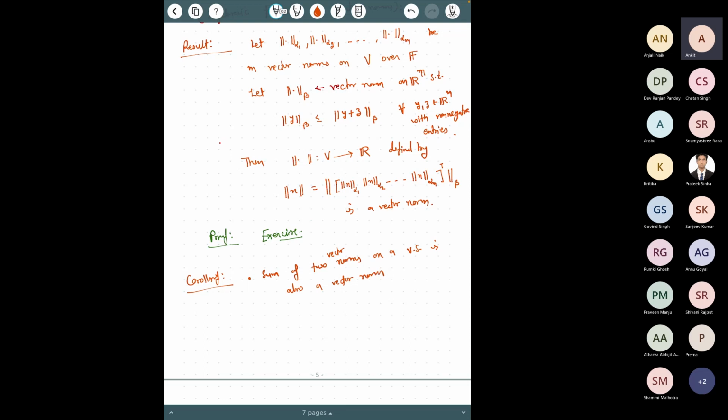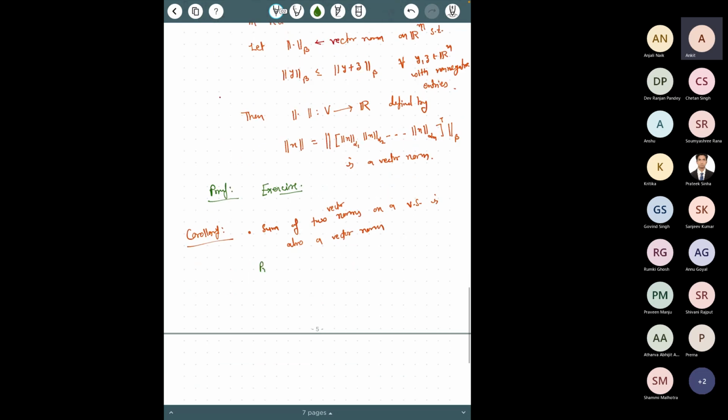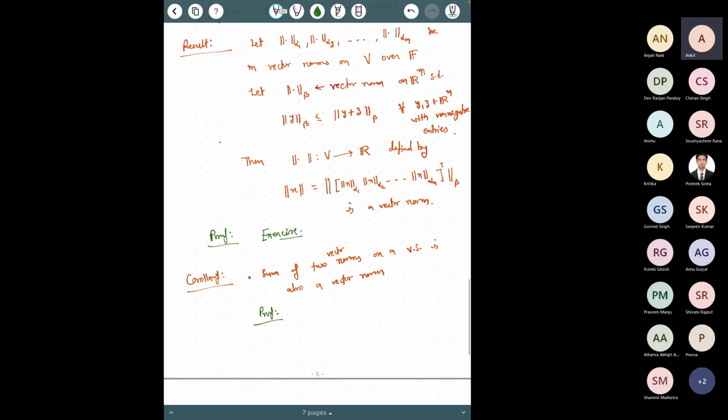Now you quickly tell me the justification for this. You can use the previous result in order to prove this. You tell me how to use this result. And let me tell you that all the Lp norms on Rm satisfy this.